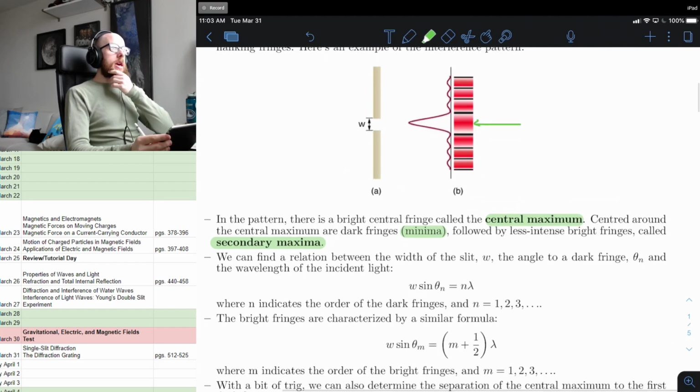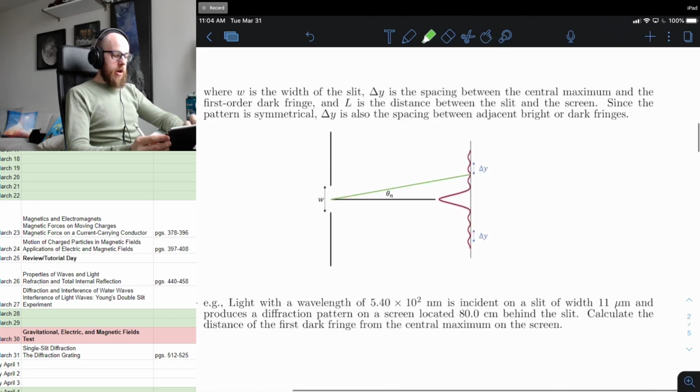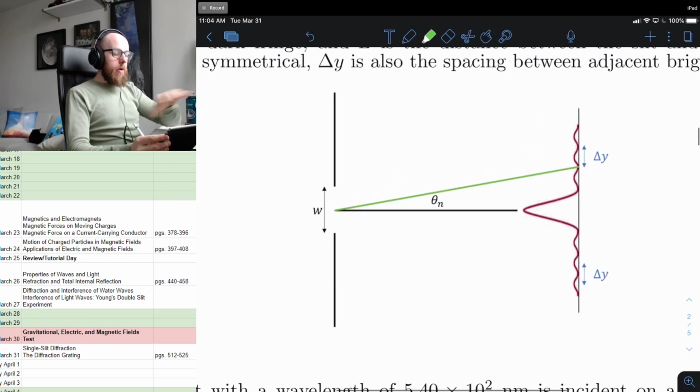Now, just like we did with Young's double-slit experiment, we can find a whole bunch of relationships between the various quantities involved here. I think I have a second picture down here. What we want to do is relate all the quantities in this picture.